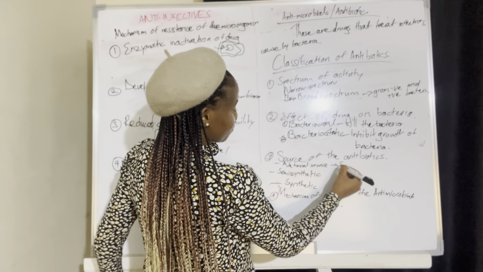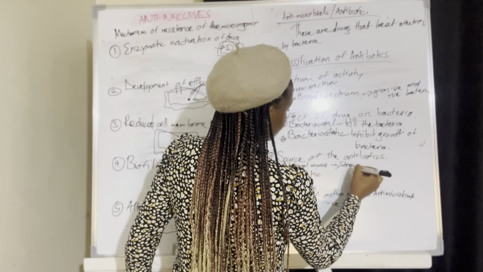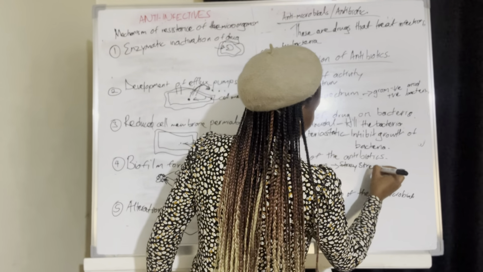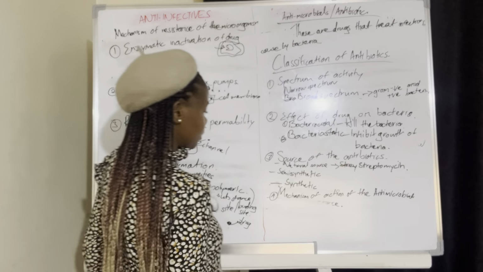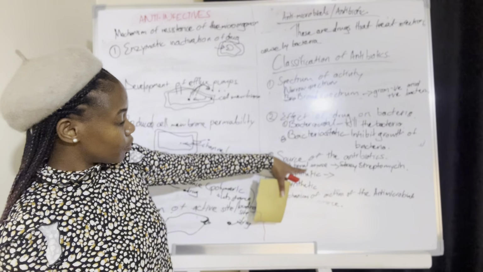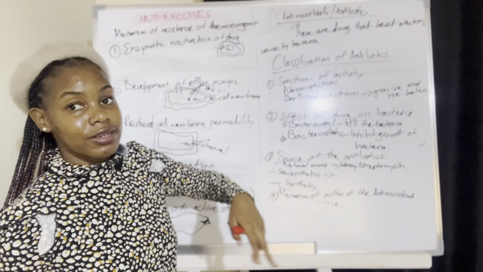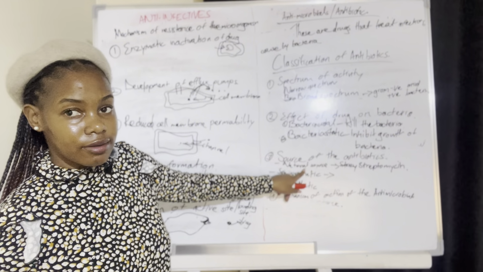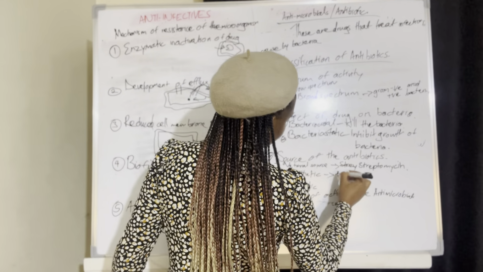For example, streptomycin. Then for the semi-synthetic, they are formed in the lab, but they are modifying the natural sources. One of the main examples here is amoxicillin.